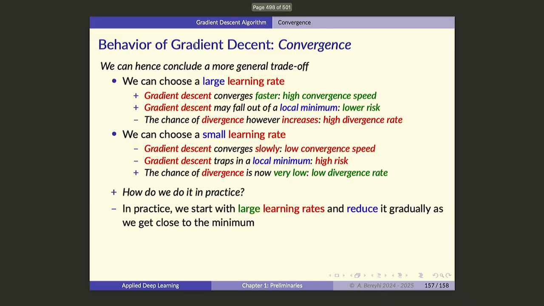No question? Okay. Now, how can we do it in practice? A very conventional way is that when you code, you start with a large learning rate, and then you gradually decrease it, right? And you can even do it within your algorithm. In the first steps, you take large learning rates, and gradually you start to decrease it. This is what we call learning rate scheduling.